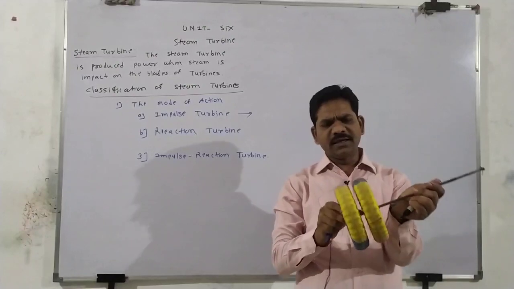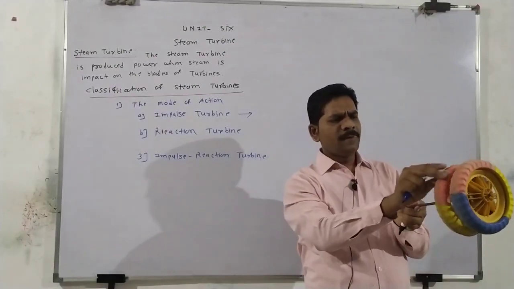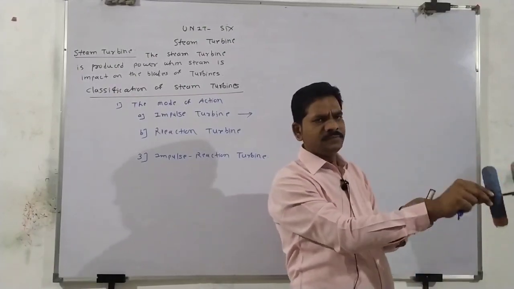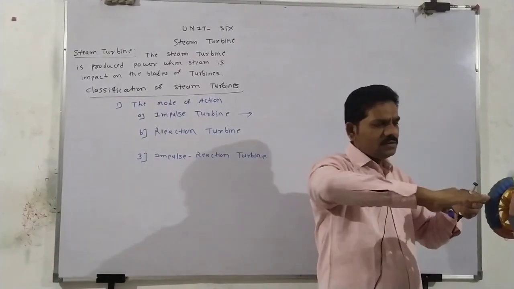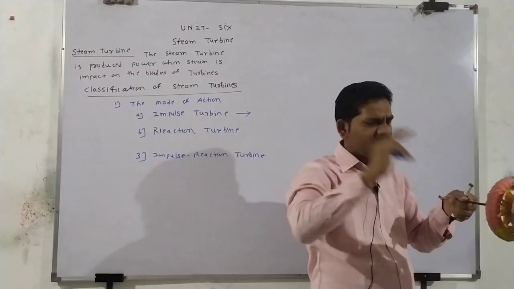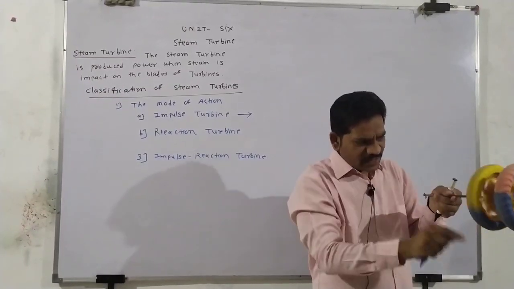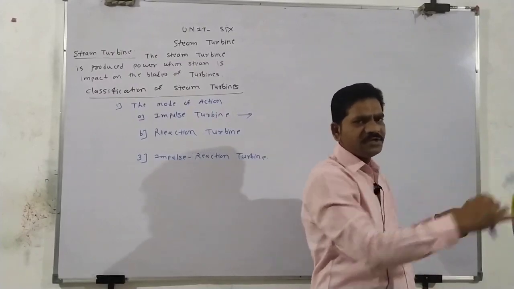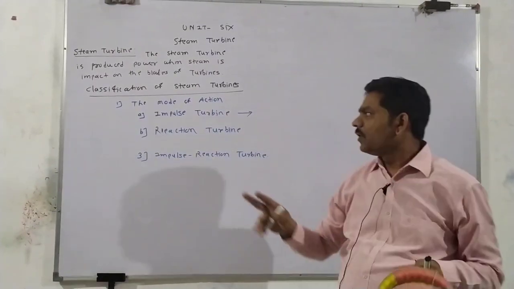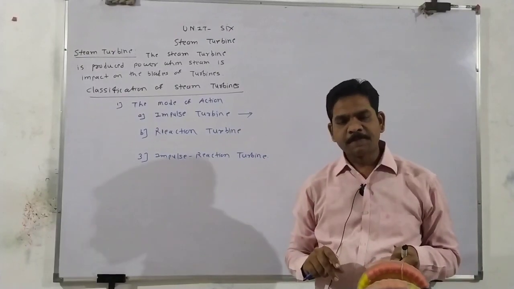Suppose this is the wheel of the turbine. Imagine, when steam strikes the blades of the turbine in impulse, the wheel continuously rotates whenever there is the impact of steam. That's why we call it an impulse turbine.